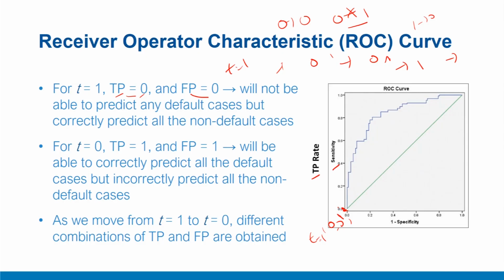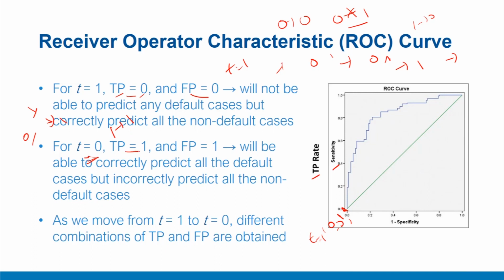Now think of another extreme case where t equal to 0. In this case, whether it is zeros, non-defaulters, or ones, defaulters, all of them will be classified as defaulters, that is ones. That means all the defaulter cases, ones, are of course classified as ones.